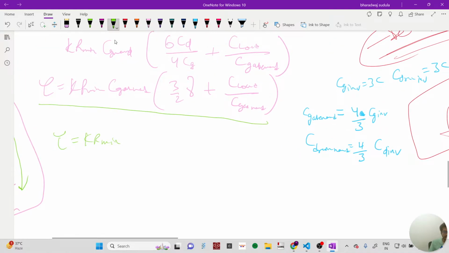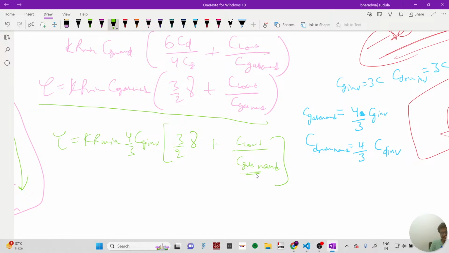So if I include C g inverter, 4 by 3, plus C load by C gate NAND.